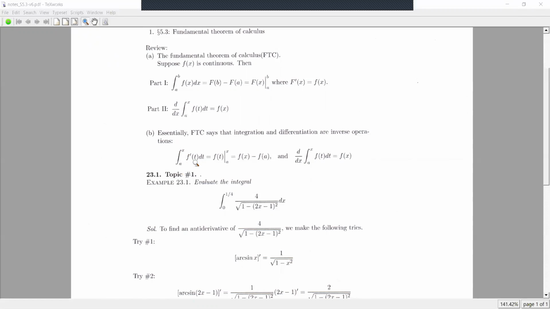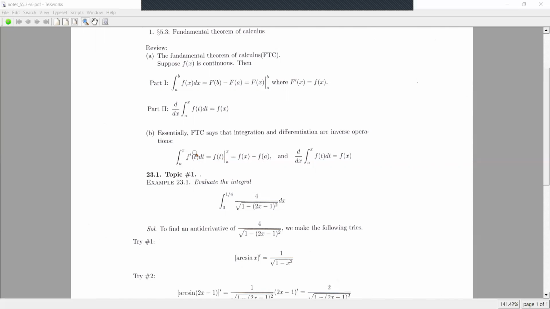Find one antiderivative of this guy. The antiderivative of this guy is the function f, right? Take the derivative of this and we get this guy. So this is an antiderivative of this guy. Now plug in x, the upper limit, in t, plug in the lower limit in t, and then take the difference. This is this integral.